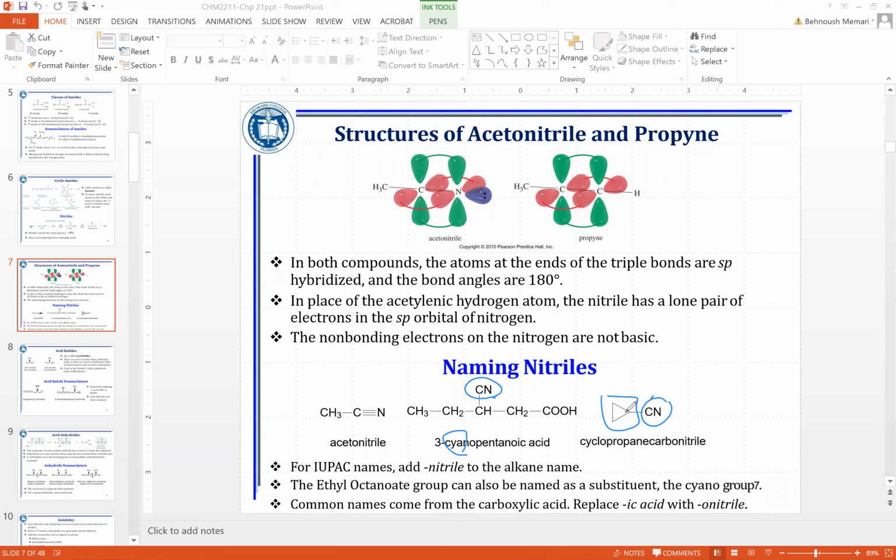There cannot be a cyclo nitrile, which does not exist, because you're giving 3 bonds, and 2 more is going to be 5 bonds, and that doesn't exist. But you could have a cyclohexane and then carbonitrile.